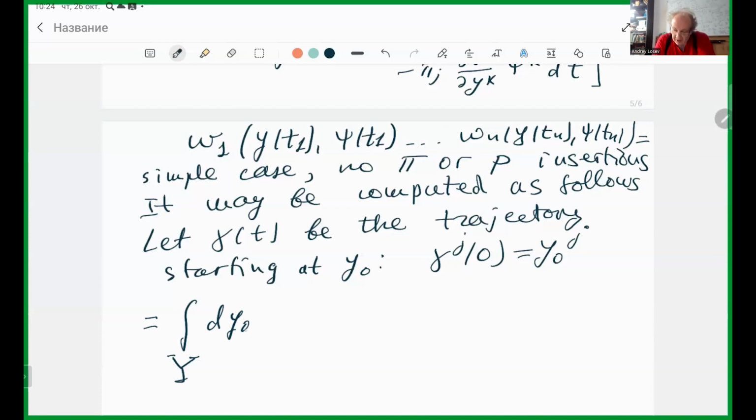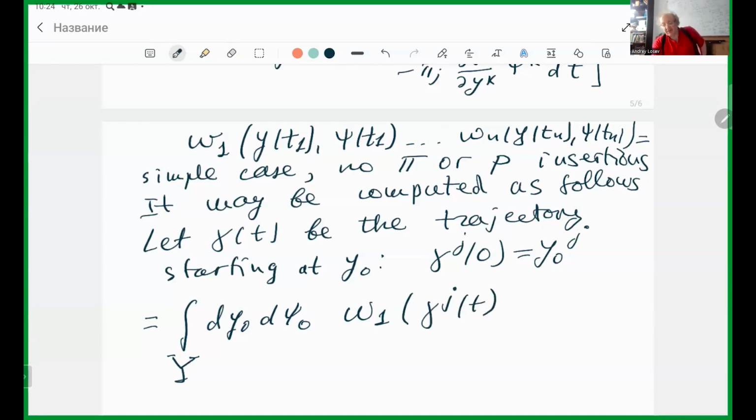I'm integrating over y0 and over psi0. And I need to insert in the omega gamma j of t.